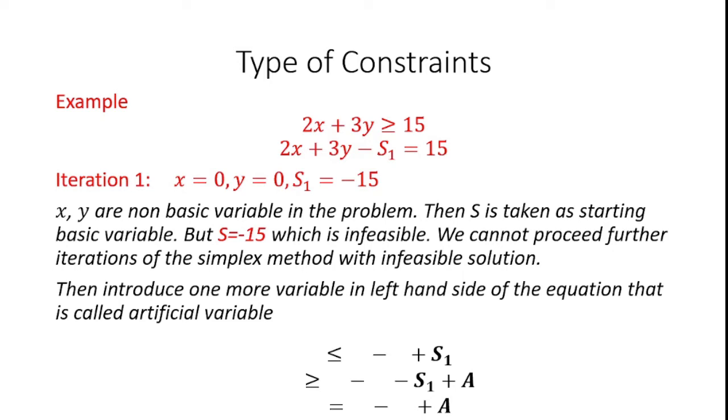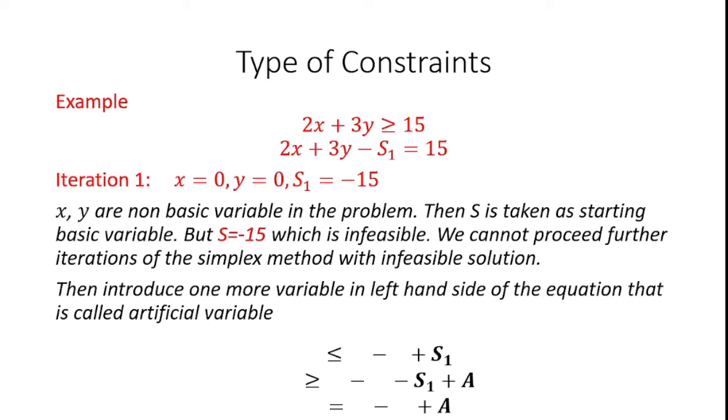For example, if I consider 2x plus 3y is greater than or equal to 15, I introduce a slack variable in that equation, which is the procedure available with the simplex method. So as per the simplex method I can add the slack variable into this constraint equation as minus s1 is equal to 15.